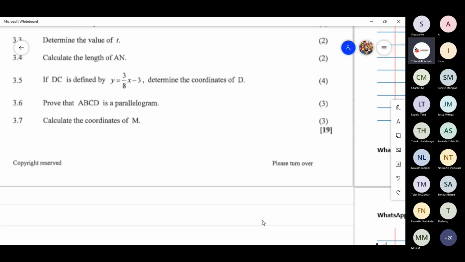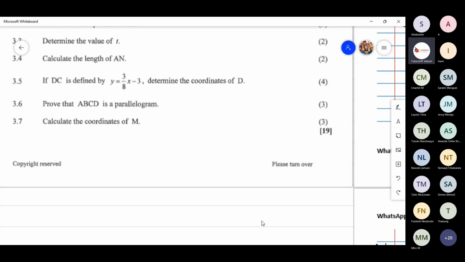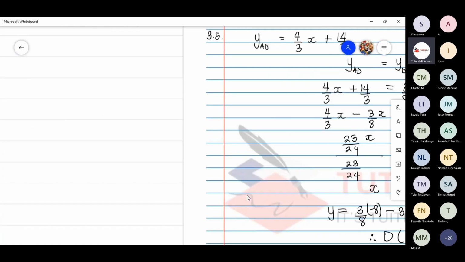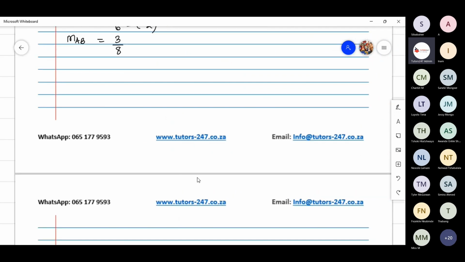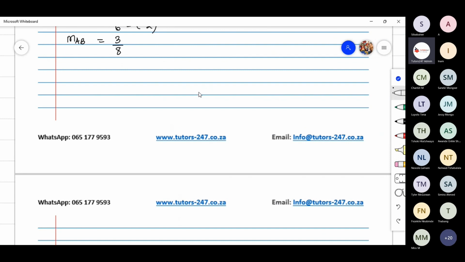We were given CD as 3/8x minus 3. So y of CD was 3/8x minus 3.